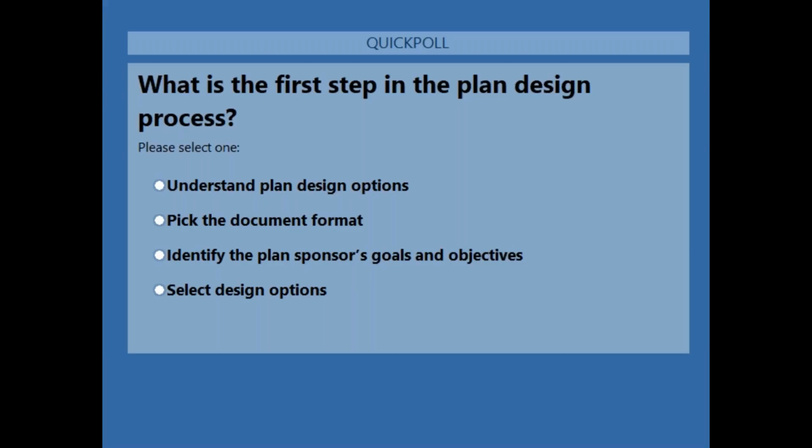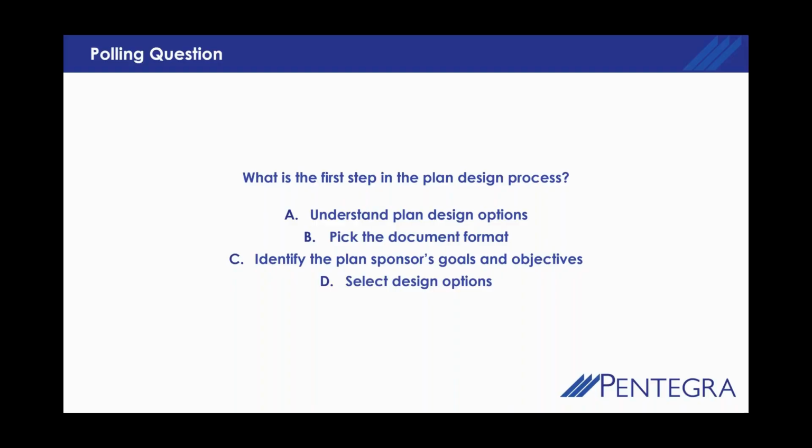This poll will be available for another few seconds for anyone who has yet to select an answer. Poll is now closed. The correct answer was C. Mary, you may continue. All right, thank you.